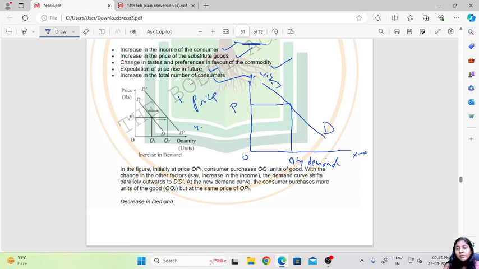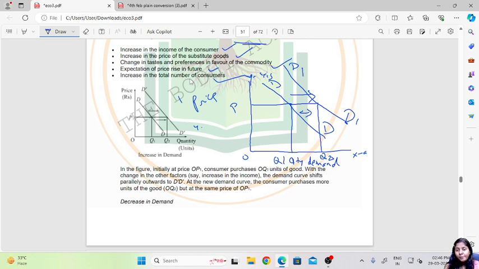Now demand is increasing. Since there is an increase in demand, what is happening to the demand curve? It is shifting rightwards, right? So new demand curve we are getting over here as D1 D1. So this is Q1 quantity, and now since there is an increase in demand, Q2.